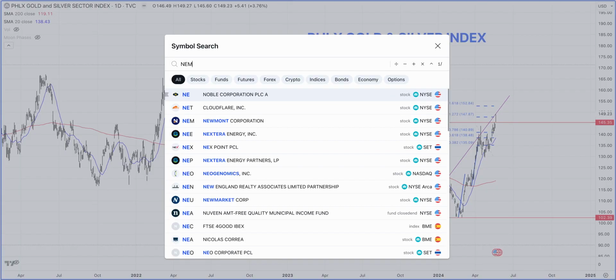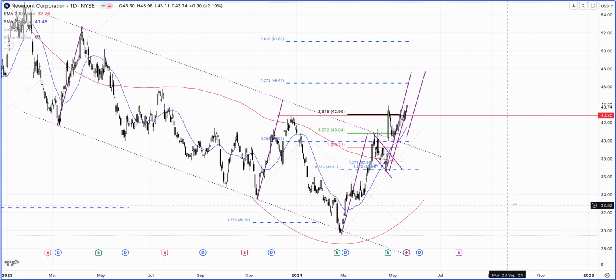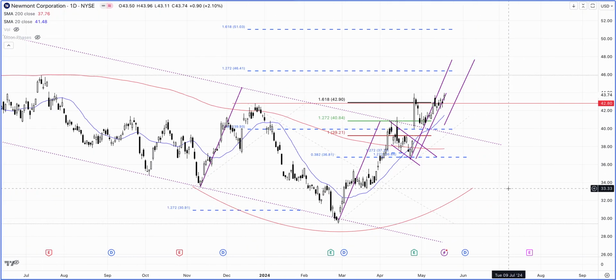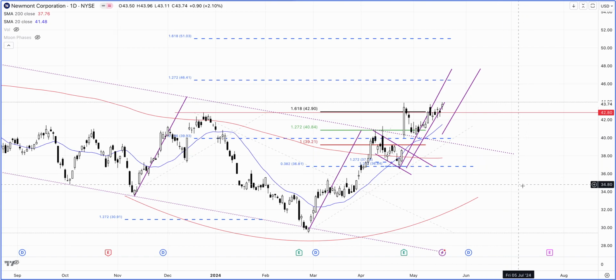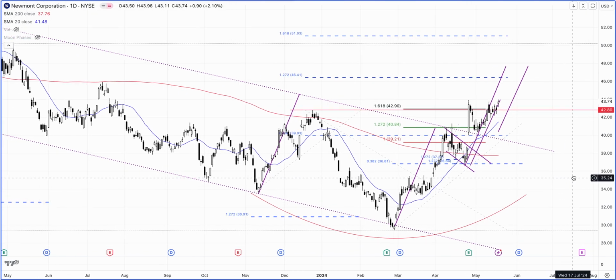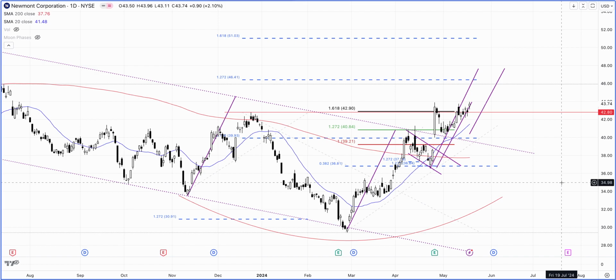Then let's take a look at Newmont Mining, one of the big mining stocks. Just a little reminder about the gold miners. I think one has to be really careful in selecting one, because there are gold miners which are actually mining the underlying commodity, and then there are royalty stocks as well, such as Royal Gold, for example.